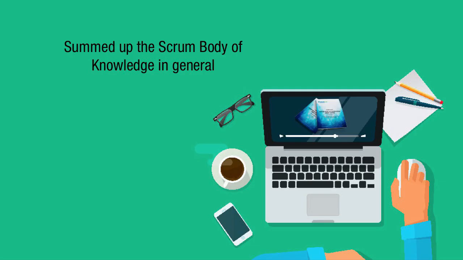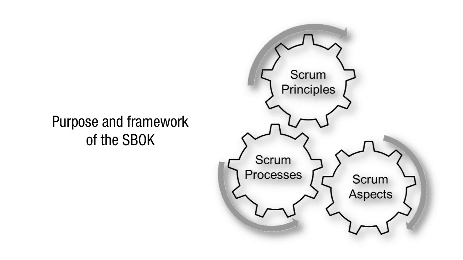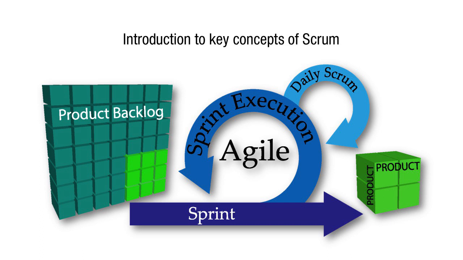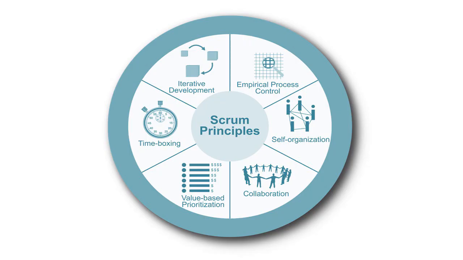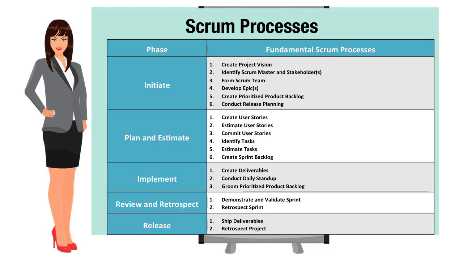Now that we have pretty much summed up the Scrum Body of Knowledge in general, let us quickly run through an overview of A Guide to the SBOK chapters. The first chapter describes the purpose and framework of the SBOK and provides an introduction to the key concepts of Scrum. It also contains a summary of Scrum principles, Scrum aspects, and Scrum processes.